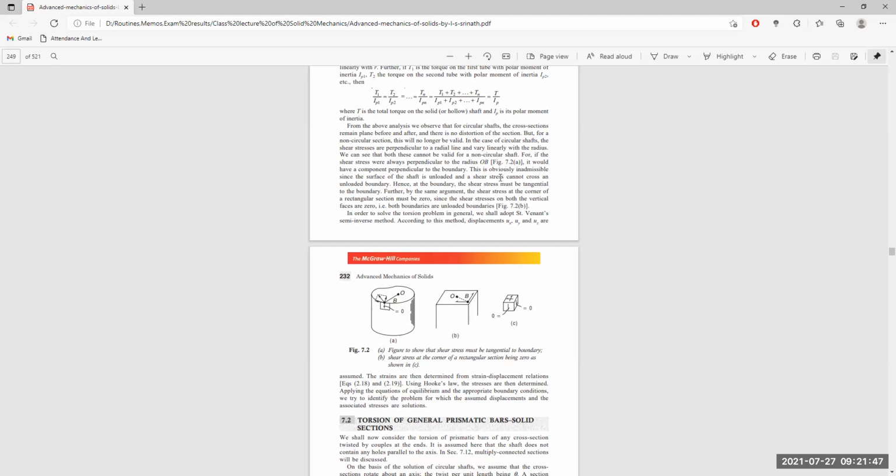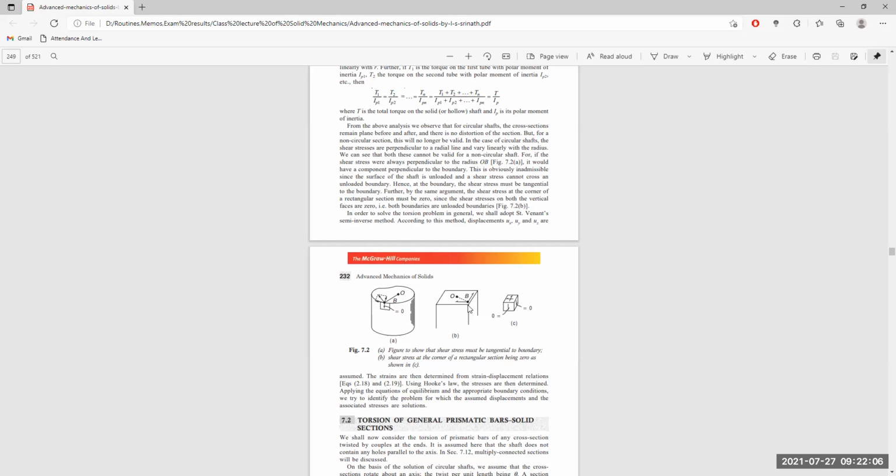Further, by the same argument, the shear stress at the corner of a triangular section must be 0, since the shear stresses on both boundaries are 0. Both boundaries are unloaded boundaries, so there should not be any load here.